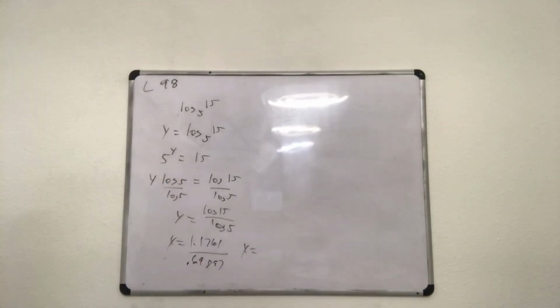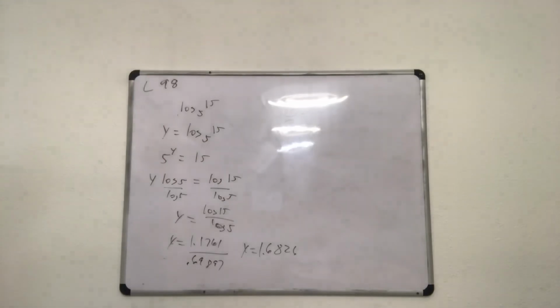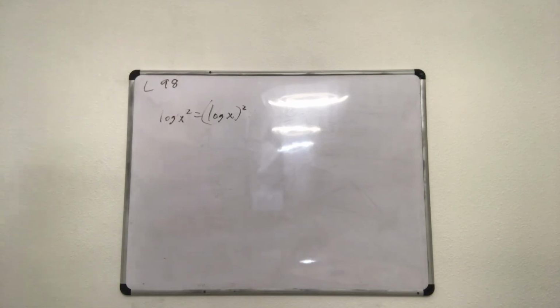So therefore y is going to equal 1.6826. Therefore log base 5 of 15 equals 1.6826. Not too tough, it just uses some of the things that you've learned about logarithms in order to solve for it.